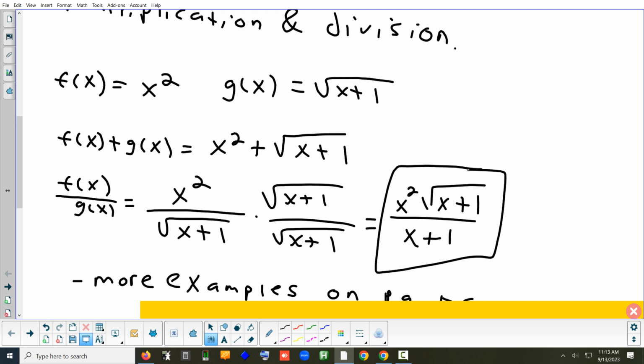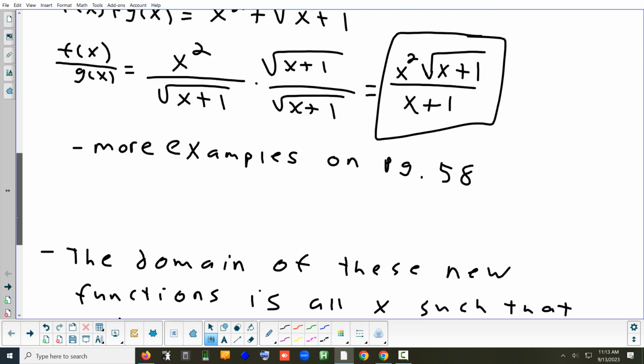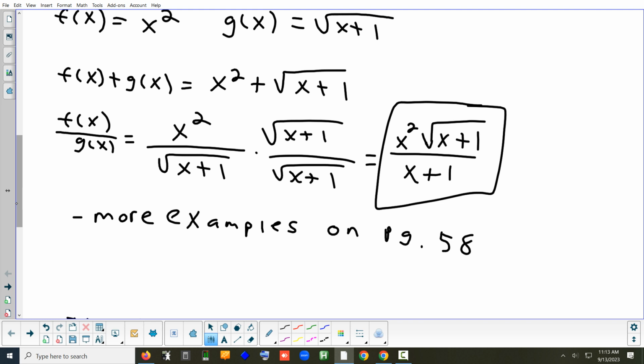Why can't you cancel the x squared and the x in the bottom? Like, why can't you make the top an x and then the one in the bottom goes away? Because you can only cancel something if it's a factor that appears everywhere.